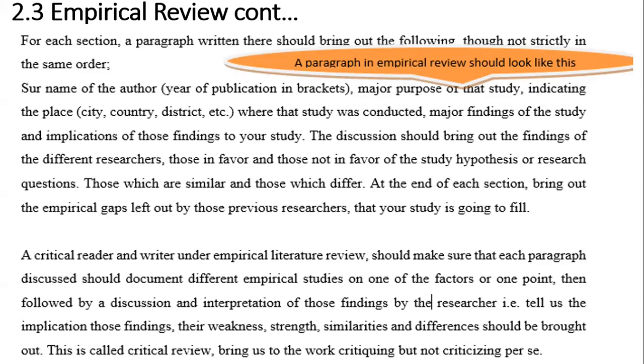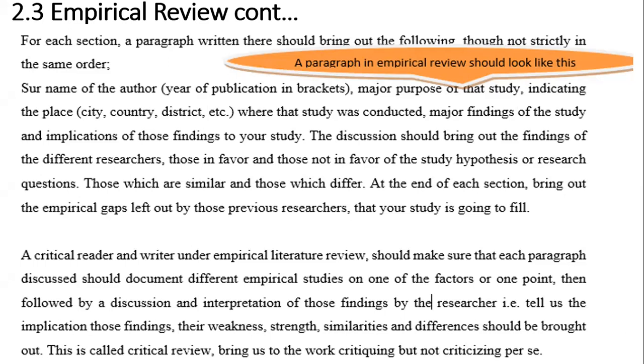These empirical gaps are in the form of a question. After going through all the findings of the previous researchers, do you have any pending question, or do you think that all your questions have been answered by the previous researchers, which would mean your study is not needed because you don't have any question to ask?